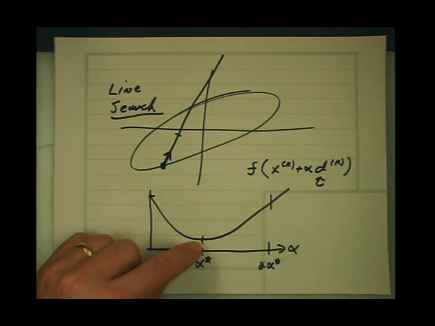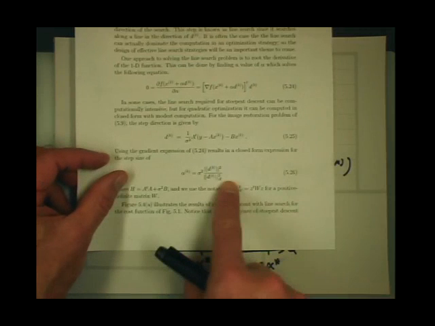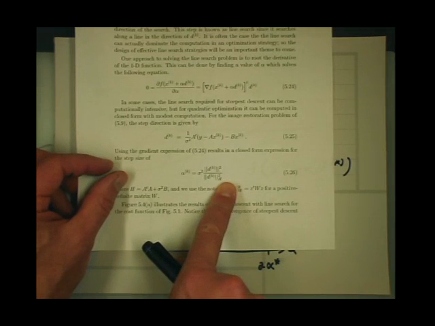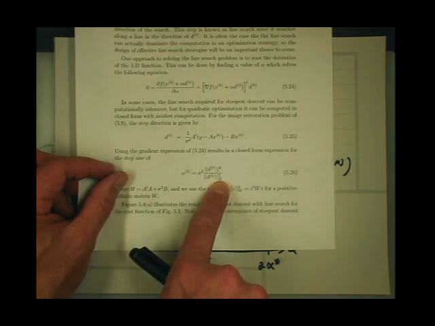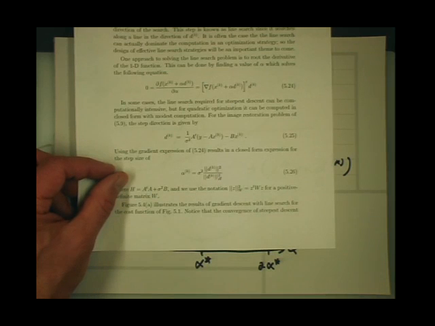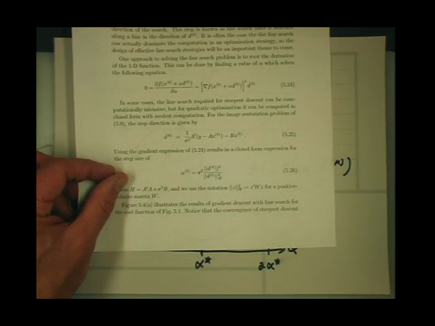Now, doing this line search is tricky. In the quadratic case, there's a closed form expression for the line search. And this is the solution if you're moving in the gradient direction. If you're moving in some other direction, then the most general expression for the line search is a little bit different.